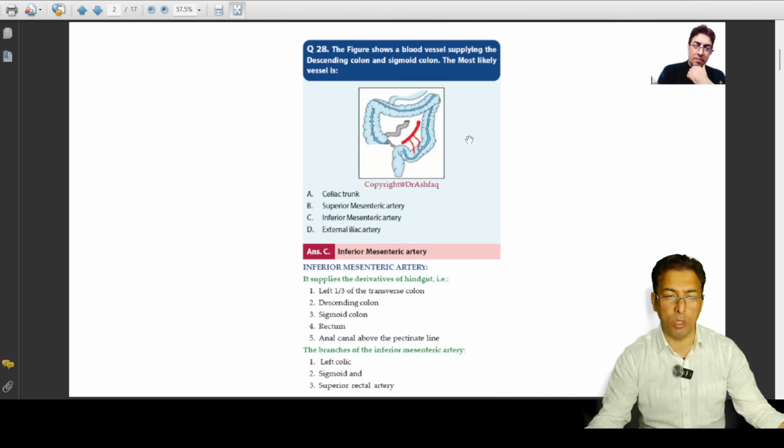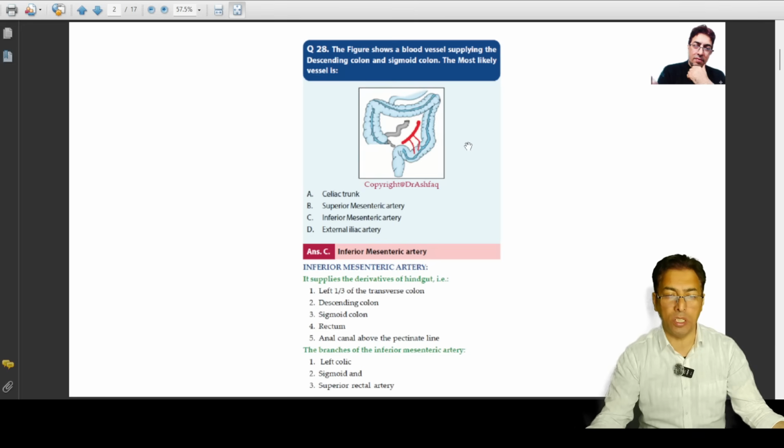because we know the primitive aorta and the three ventral branches of the primitive aorta: the celiac trunk, the superior mesenteric artery, and the inferior mesenteric artery. All these three vessels in an orderly manner are the branches or the derivatives of foregut, midgut, and hindgut. So the celiac trunk is the vessel supplying the foregut.